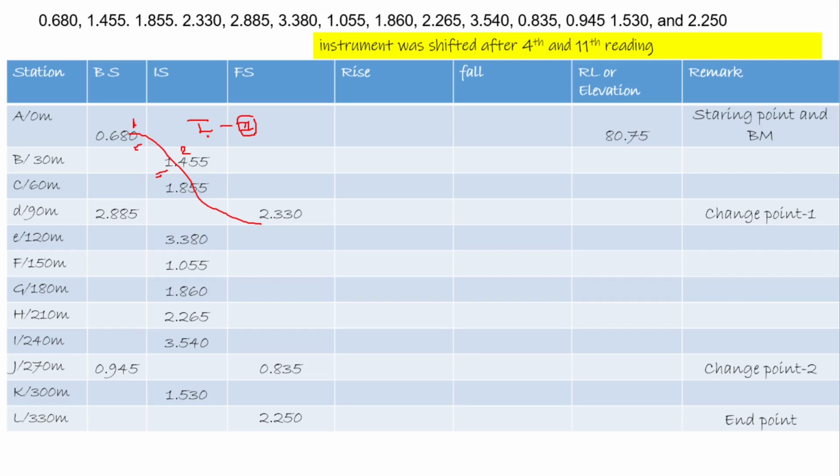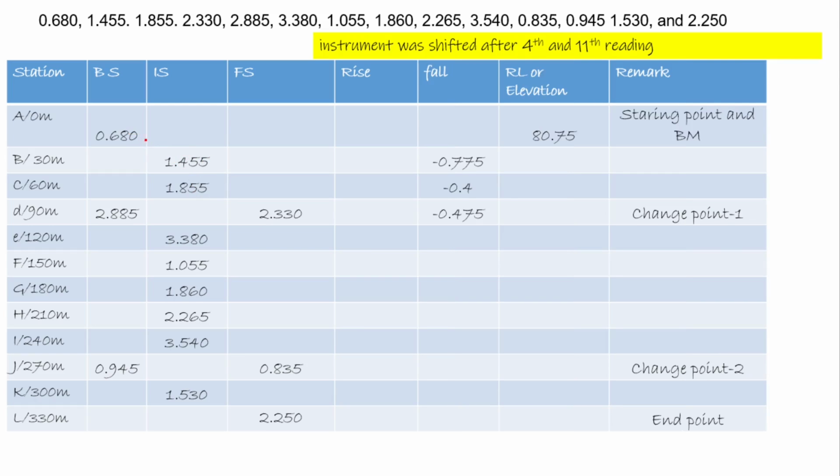First reading minus second reading, and I can directly say this station is 0.775 meter down from station A. Station A's elevation we know, and we have calculated the fall between these two.